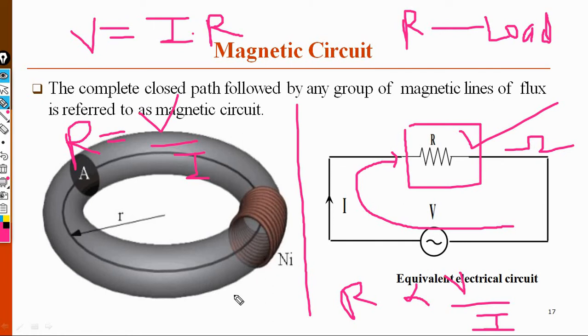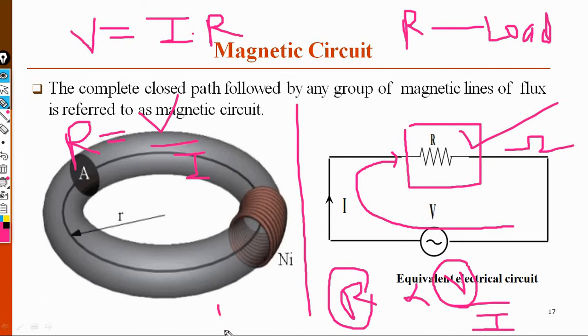That means if resistance increases, then current decreases. Now this is the relationship between resistance and current. That means both are inversely proportional to each other. If voltage increases, then resistance also increases, but current decreases.